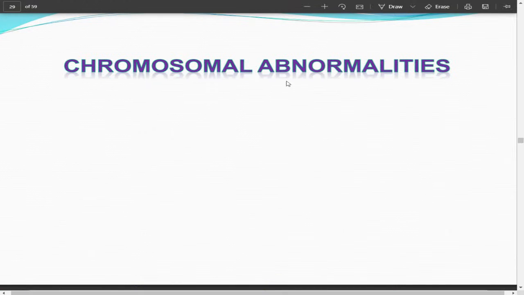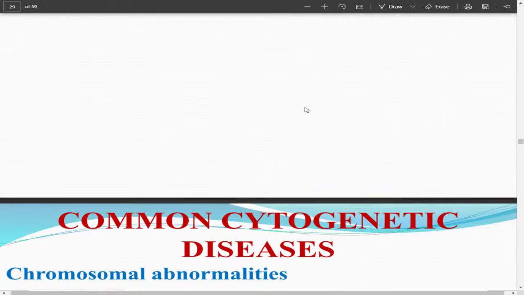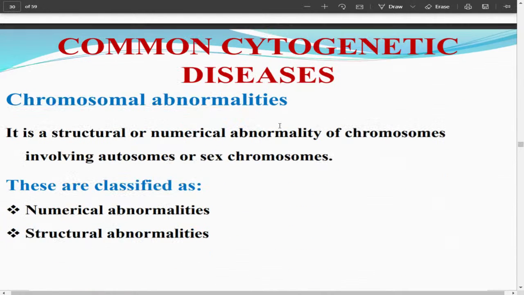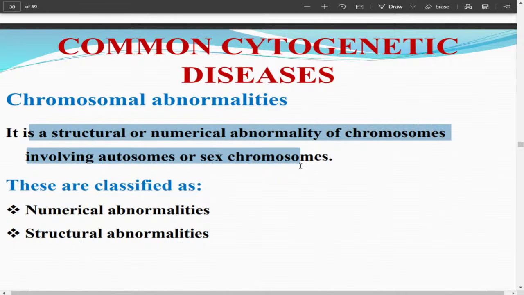Then we have chromosomal abnormalities. This is another subject, talking about common cytogenetic diseases. A chromosomal abnormality is a structural or numerical abnormality of chromosomes involving autosomes or sex chromosomes.